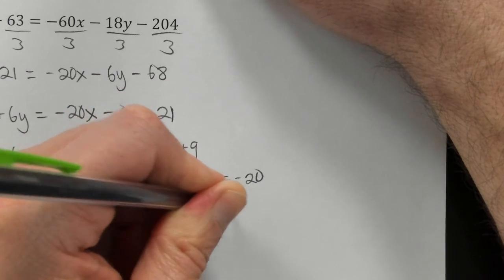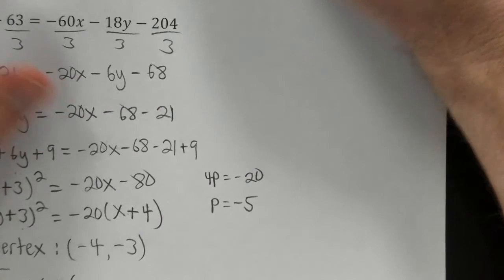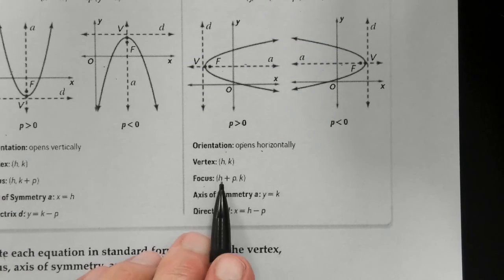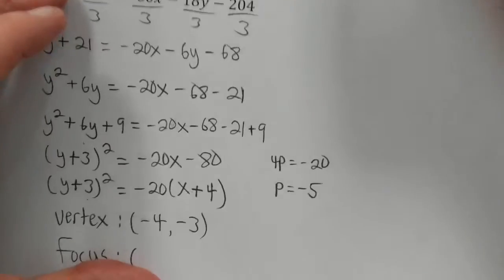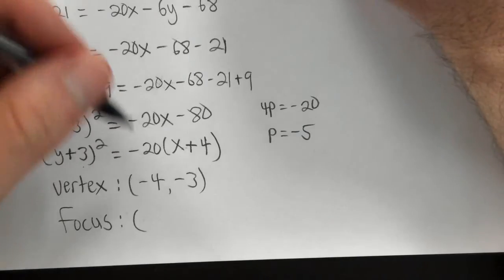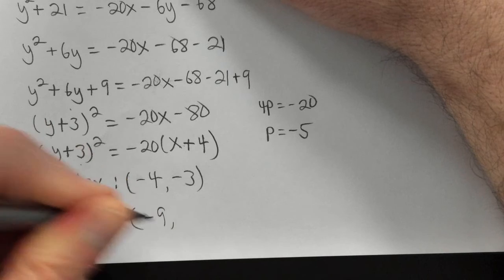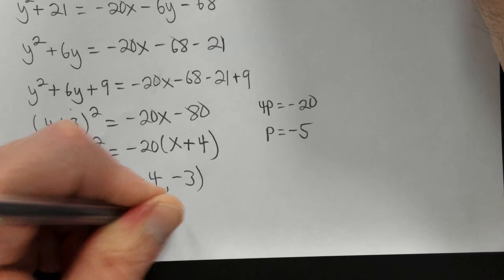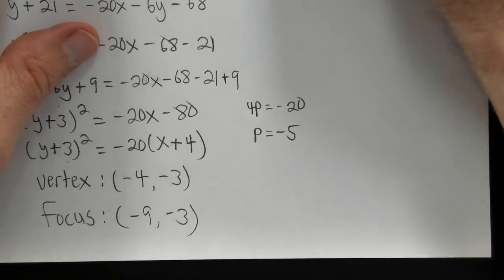So that means p is equal to negative 5. Now I can go and find the focus because it's h plus p, right? So that is going to be negative 4 plus negative 5, which is negative 4 minus 5. So that's negative 9, comma, k, which is negative 3. So there is my focus. That's where my focus would be.